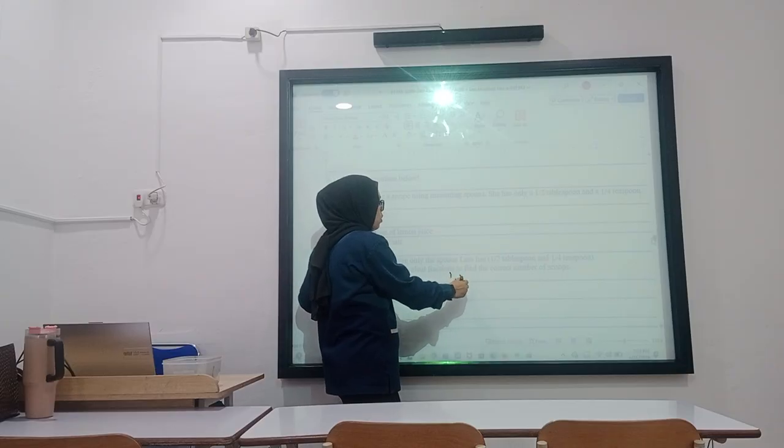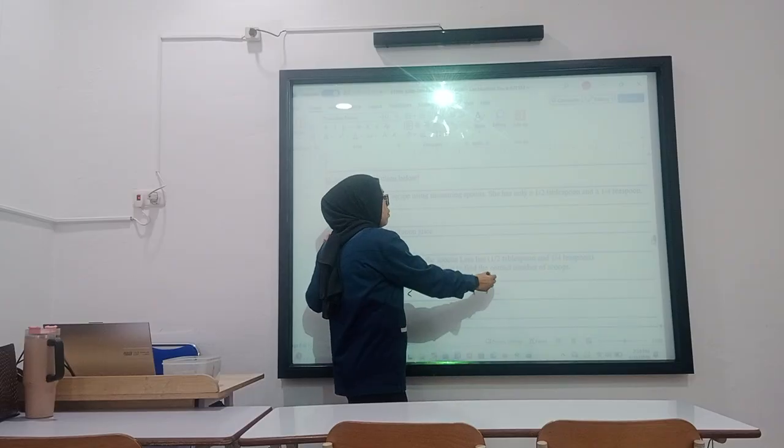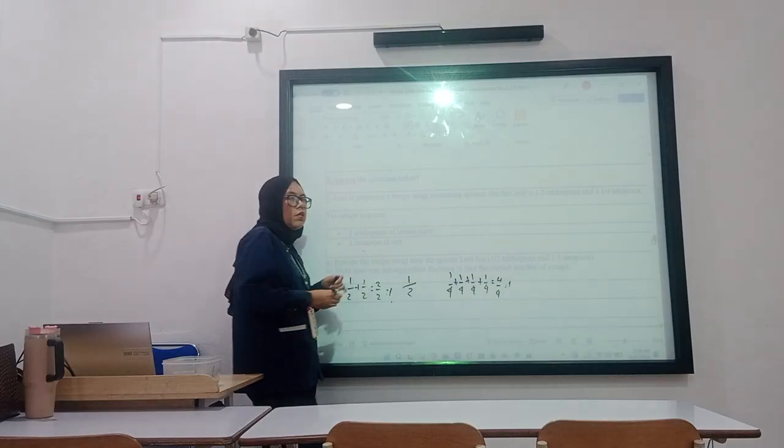We can make 1/4 plus 1/4 plus 1/4 plus 1/4. It becomes 4/4, so it's equal to 1 teaspoon of salt.